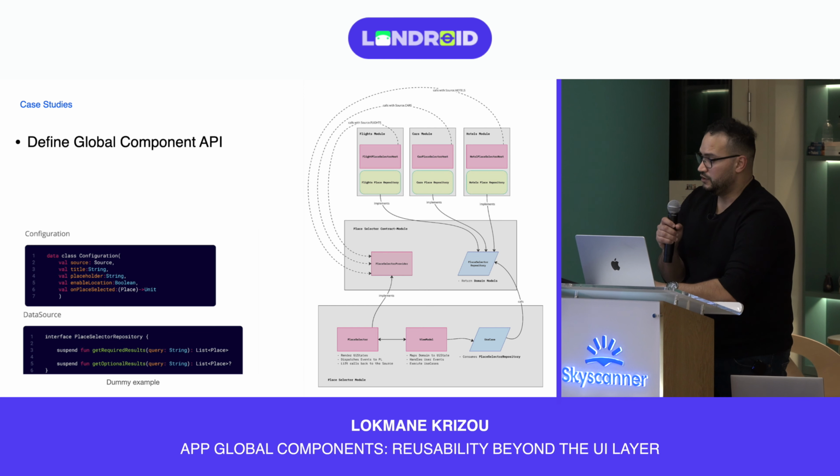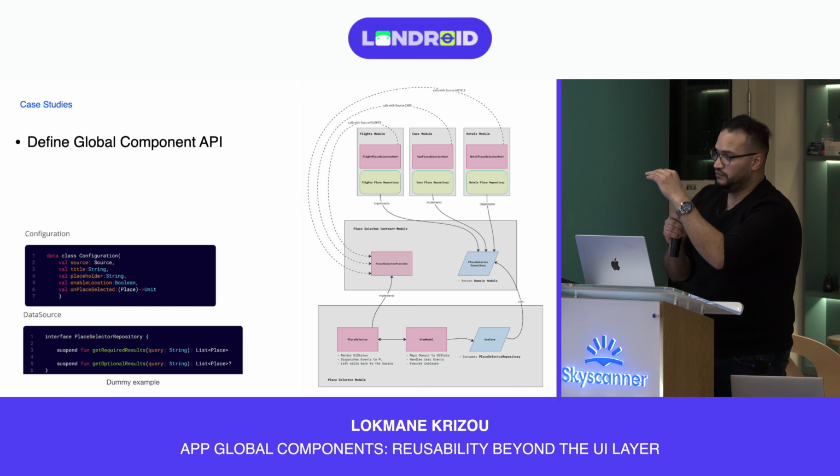You add it to this contract module that we have as part of the structure of our project. We put every interface or API in this contract module, and the actual implementation sits inside the implementation module.